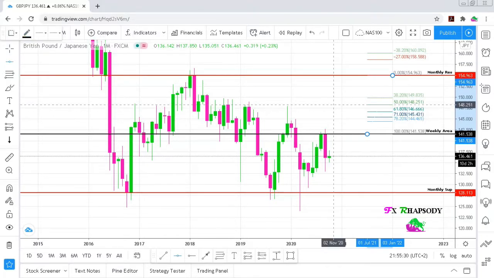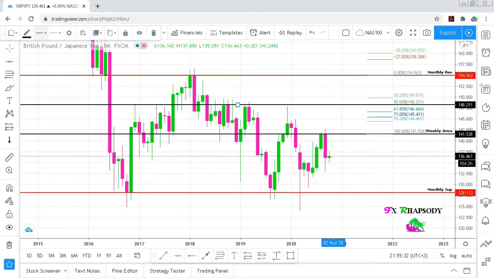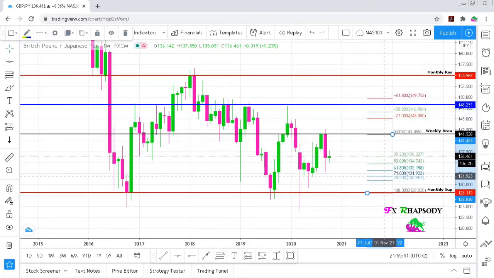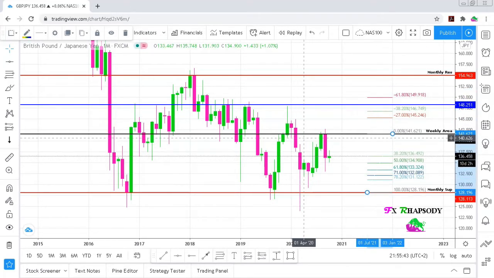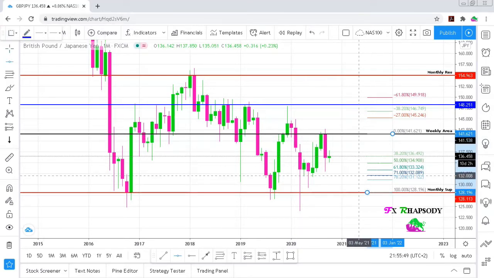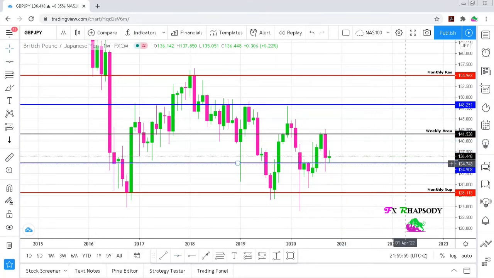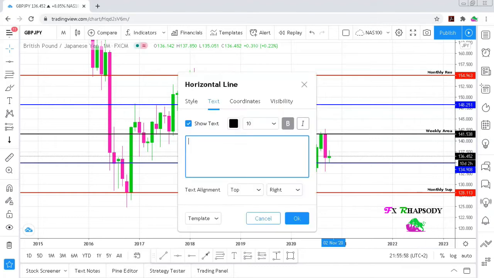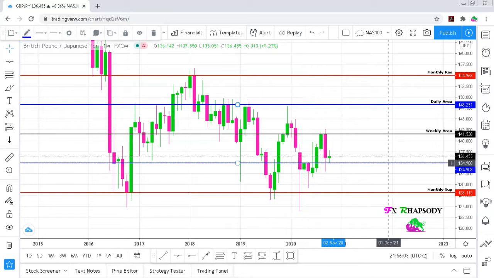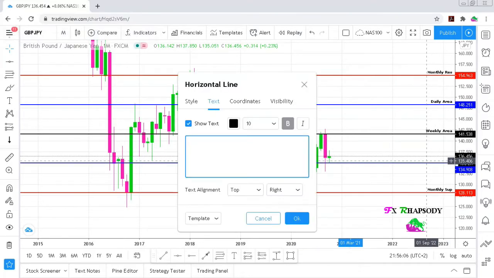So on the 50%, change that color to blue, and you can just move this one down and do exactly the same between the weekly and the bottom monthly support. Just want to delete my line there. So there you can see we've got a daily area at the top, and we've got a daily area at the bottom.